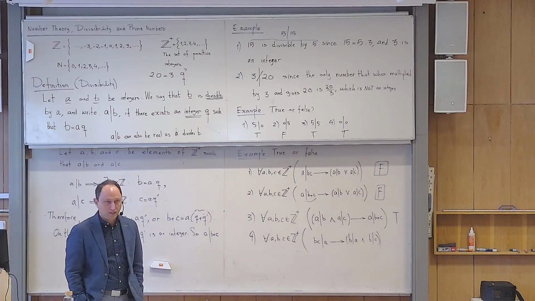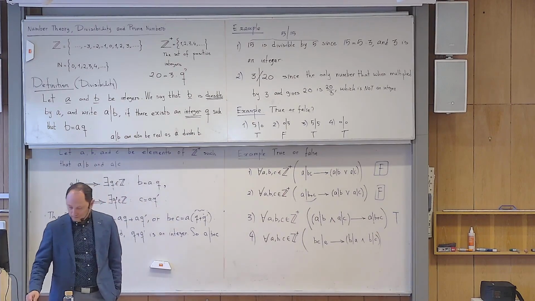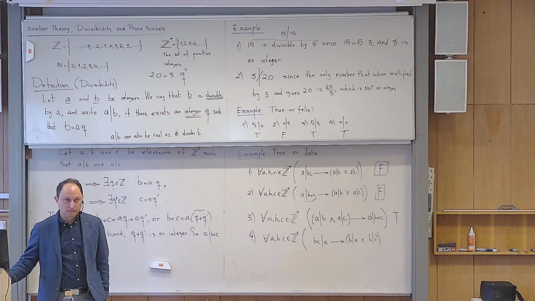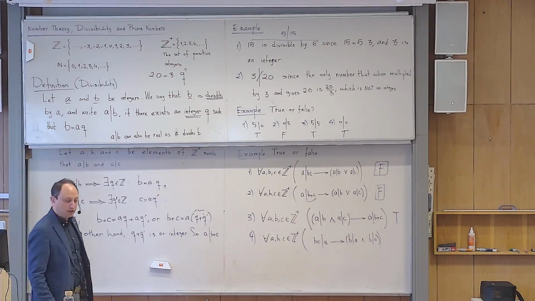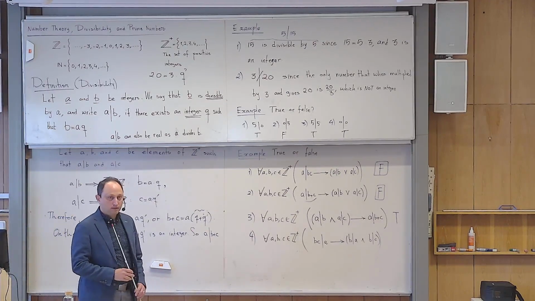Can you correct it again? If one number is divisible by two different numbers, then that same number is divisible by... Can you start again?